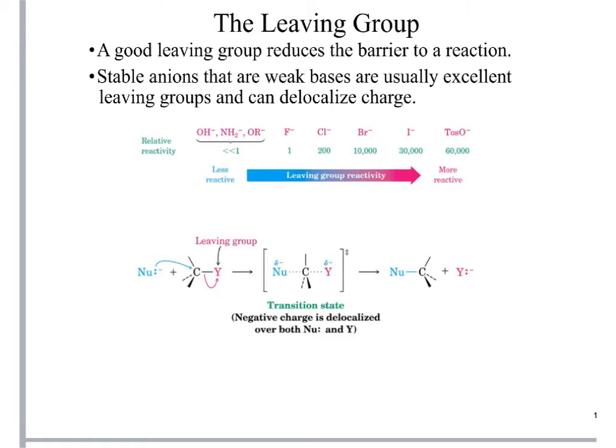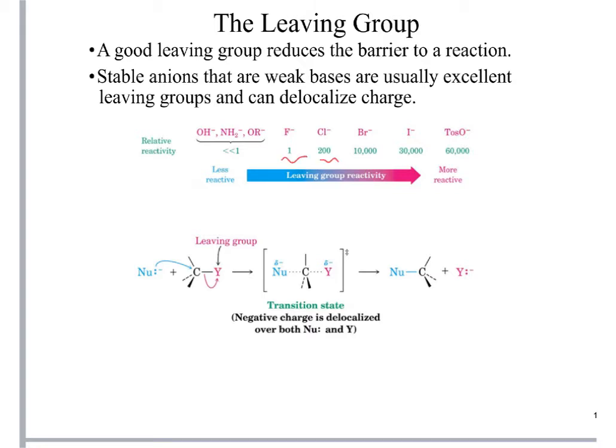Let's take a look at the leaving group. A leaving group that is a weak base and can disperse or delocalize its negative charge across the framework of the ion is a better leaving group than those that are small and hold their electrons tight, such as fluoride or chloride.